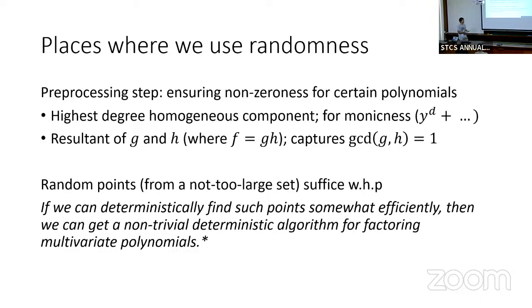Even to get a non-zero of a polynomial, there's things like the Schwartz-Zippel lemma, which will tell you how to do that efficiently, randomly. But if you can do that deterministically somehow, then you can do the whole procedure deterministically. That's something one can hope for.